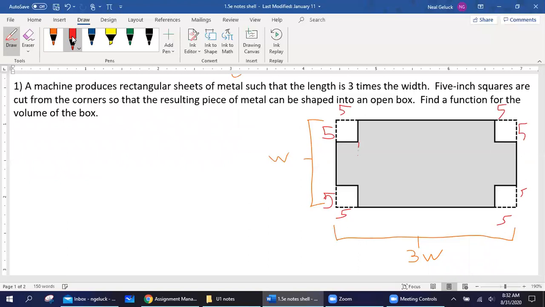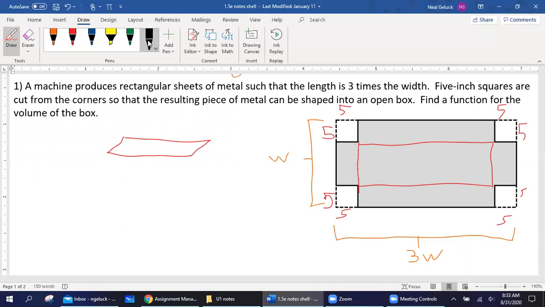So imagine folding here, folding here, here, and here. So we're going to fold it up into a box. We want a function for the volume of the box. So this is going to get folded into a box where the base is that red rectangle that I drew inside there. And it's going to get folded up into a box.